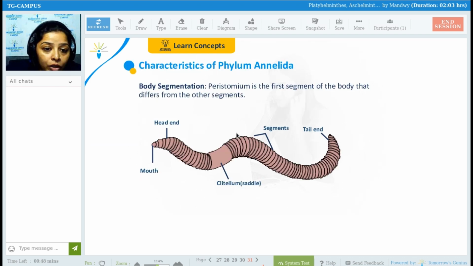As you can see in the image, they are having lines, right? The external lines are dividing the structure.